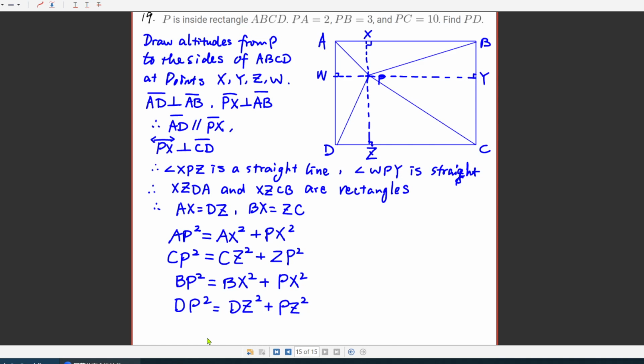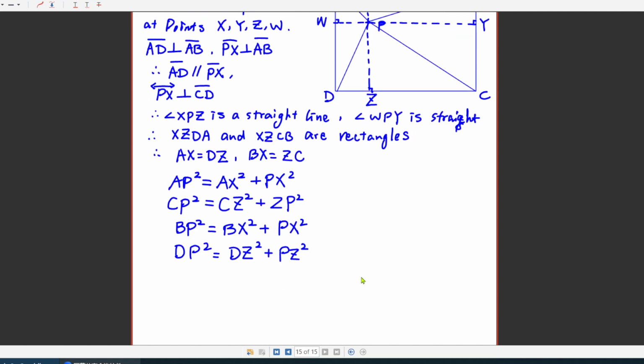So adding the first equation and the second equation, we have AP squared plus CP squared equals AX squared plus PX squared plus CZ squared plus PZ squared, right?